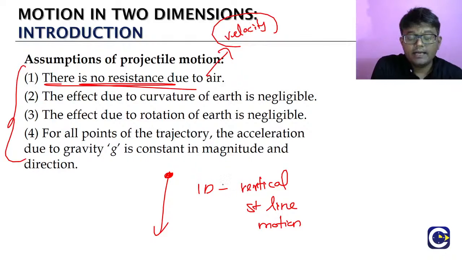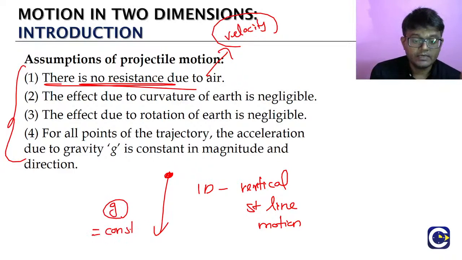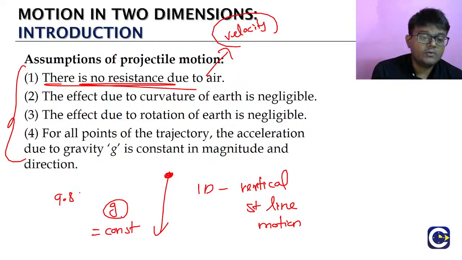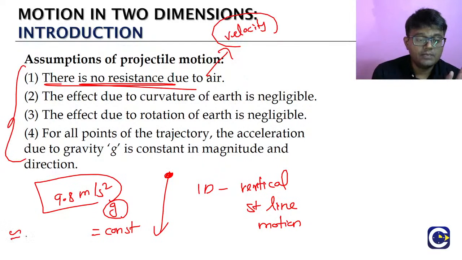And just like the way we used the acceleration due to gravity as constant in vertical straight line motion while solving problems, here also we have to consider that acceleration due to gravity is a constant. We will take the constant value to be 9.8 meter per second square, approximately 10 meter per second square.